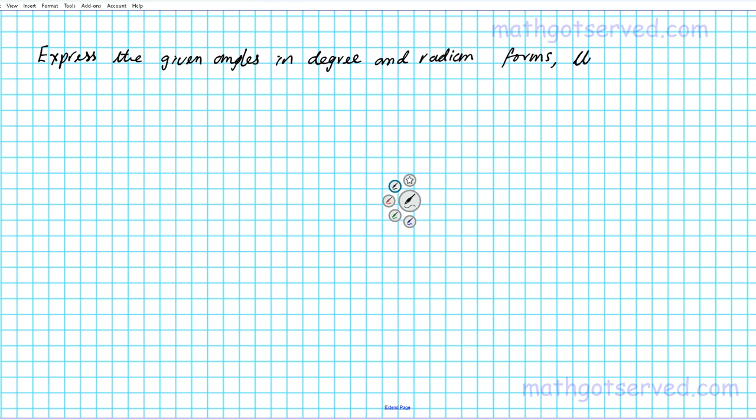All right, then graph the angle and specify the quadrant.